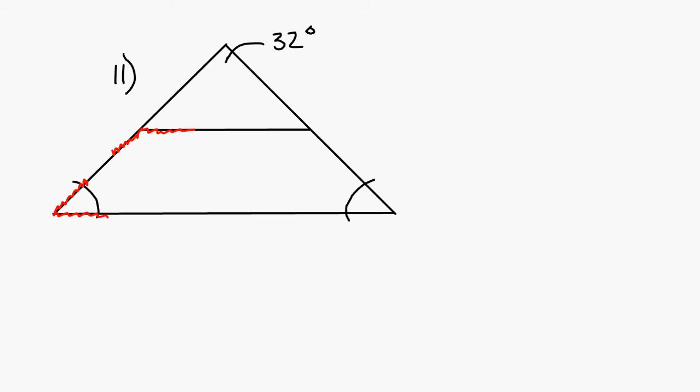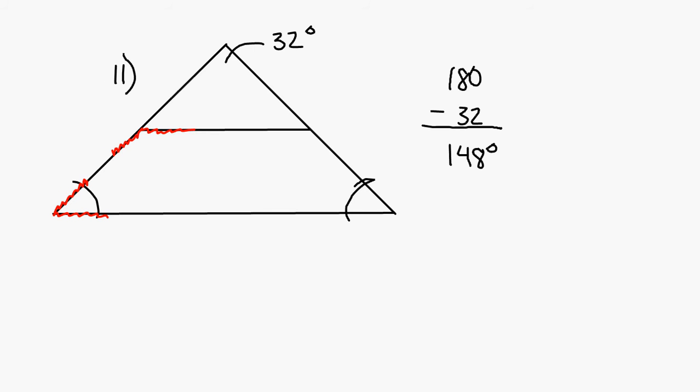All right, so it says that this trapezoid on the bottom is part of an isosceles triangle. So if this shape around the outside is an isosceles triangle, and you take 180 degrees, and you subtract 32, you're left with 148 degrees.